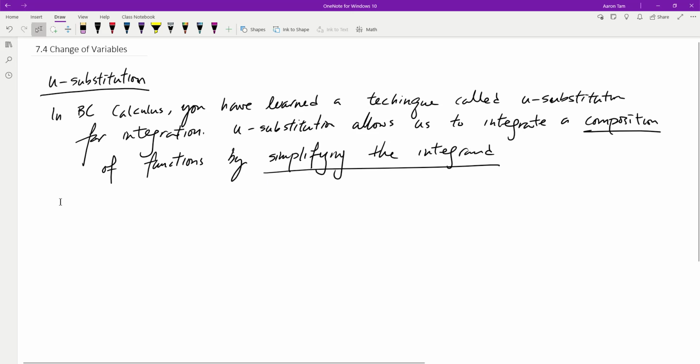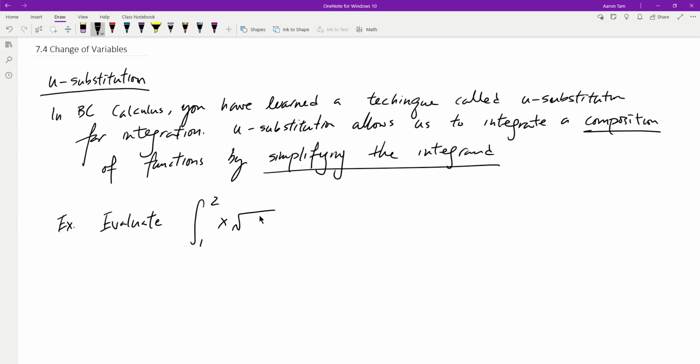So let's try a very simple example. How about I ask you to evaluate this? A very typical substitution integration problem: the integral from 1 to 2 of x times the square root of x minus 1 dx.